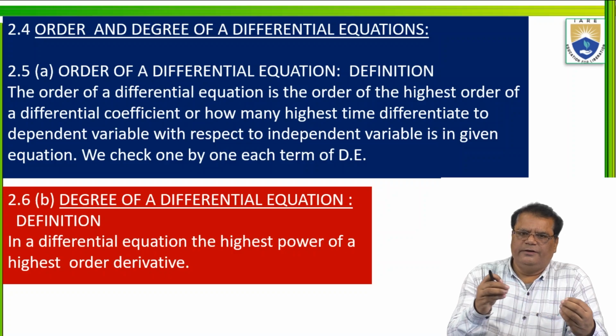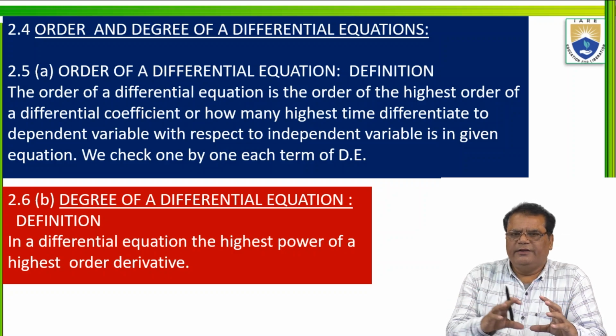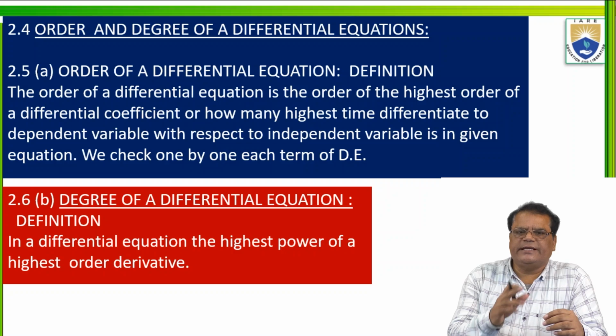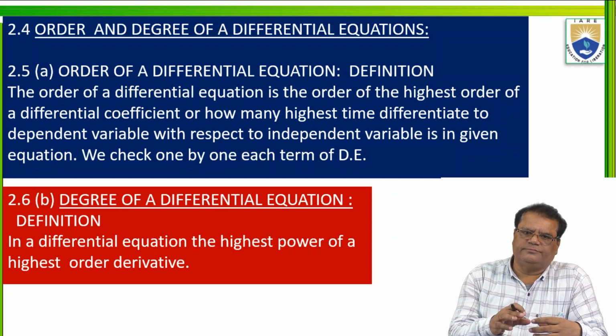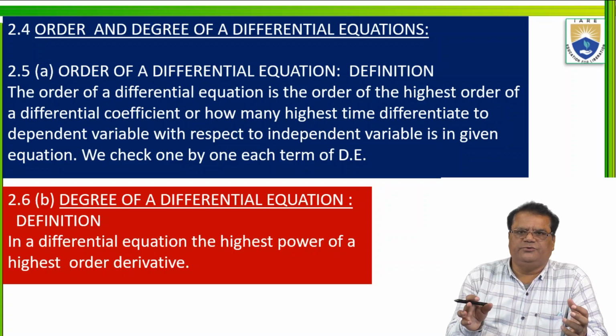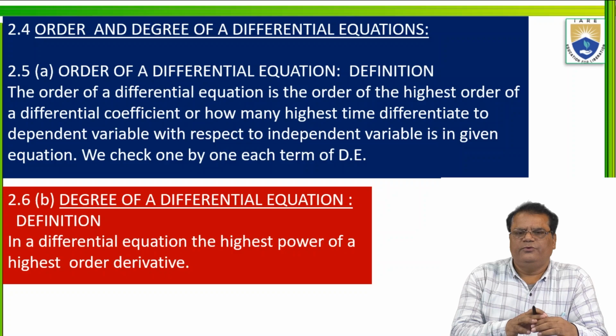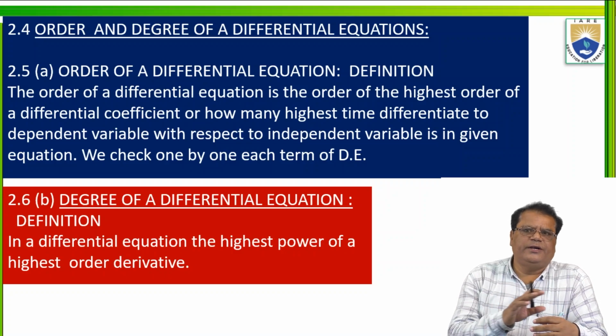Derivatives are in 2 terms, 3 terms. Then we check the highest time derivative, highest time differentiation of the dependent variable with respect to the independent variable. So that is the order. We see the highest order derivative in a differential equation of the dependent variable with respect to the independent variable.